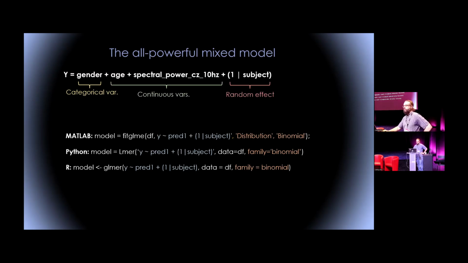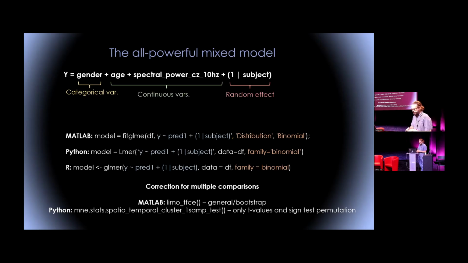Now, an issue is that here it was spectral power CZ 10 hertz. What if I do it for all the electrodes and I do it for all the frequencies? Well, then you have to correct for multiple comparison. And what do you use? Well, you use our good old TFCE method. So in MATLAB, we have the LIMO TFCE method.